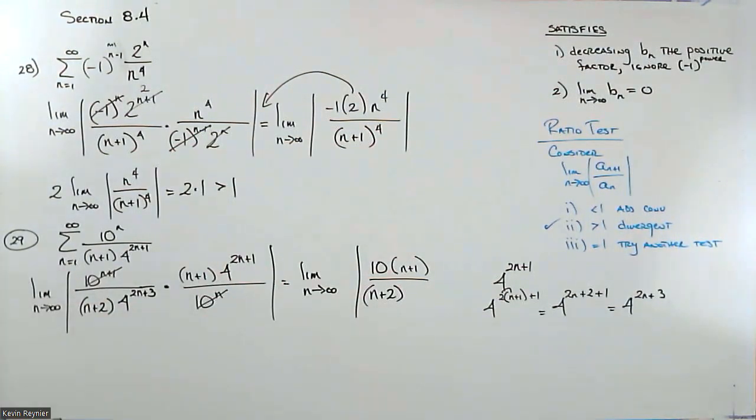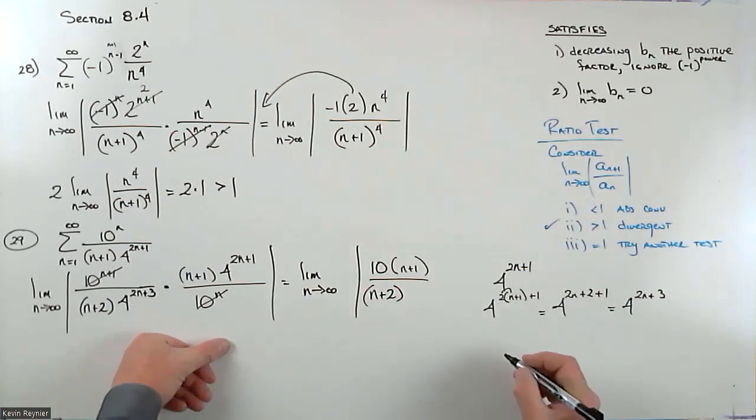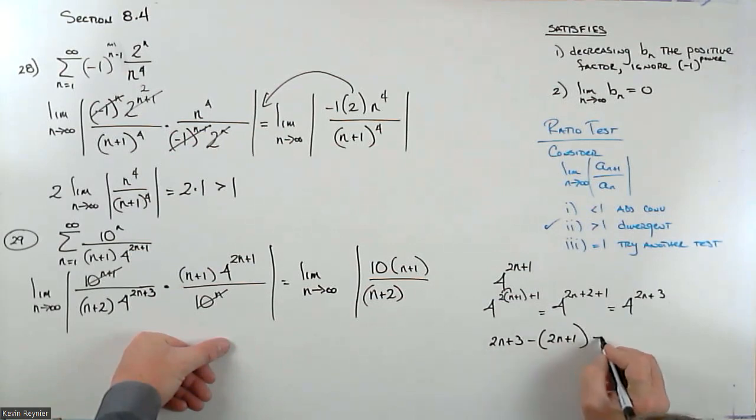Now we have to figure out what goes on with the 4 to the 2n plus 1 and 4 to the 2n plus 3. Well, there was a time in Algebra 1 or Algebra 2 where we taught you that when you divide, you subtract exponents, right? Isn't that what you do? So we have 2n plus 3 minus 2n plus 1, which is just 2n plus 3 minus 2n minus 1, or 2.